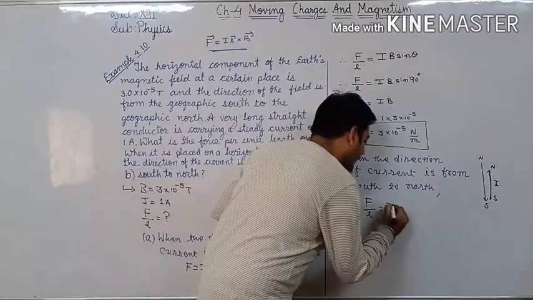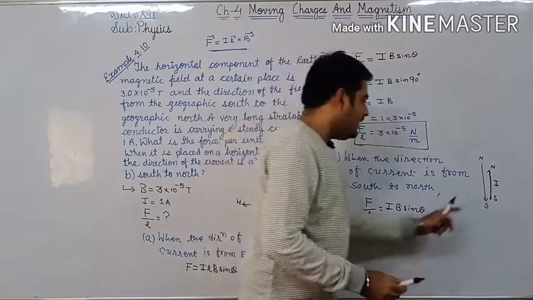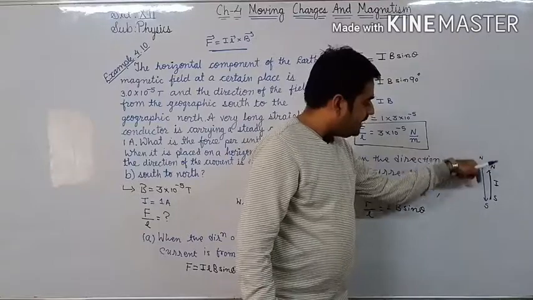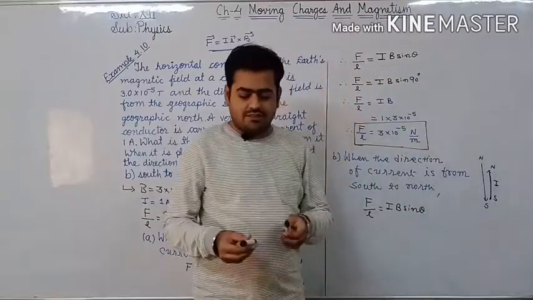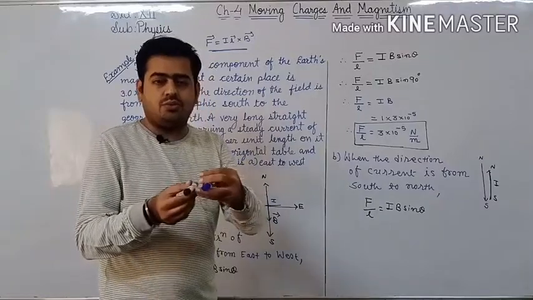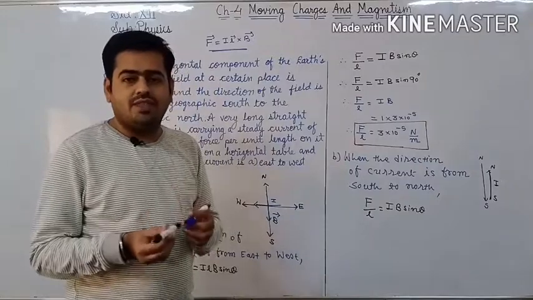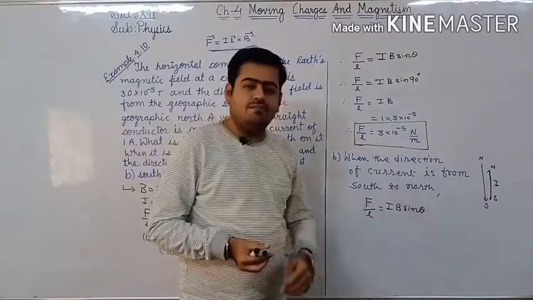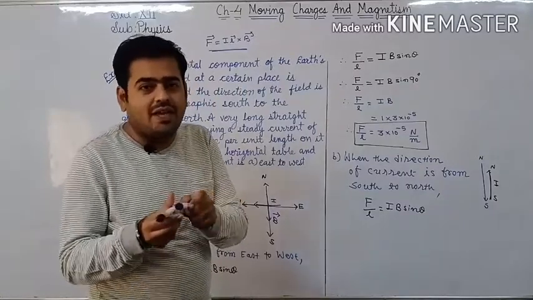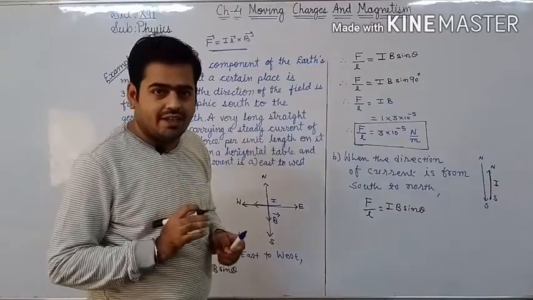is IB sin theta. Here current is in upward direction, south to north. This magnetic field is in downward direction, north to south, like this. This is north to south and this is south to north. It means current and magnetic field both are anti-parallel to each other. Then this angle theta will be 180 degree. Both are anti-parallel. If both are in the same direction, then 0. If both are in the opposite direction, then theta will be 180 degree.